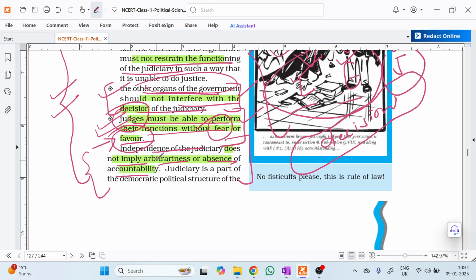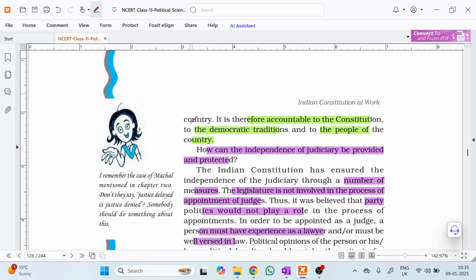And judiciary's independence is ensured so that it can function in an effective way. But that does not mean it is not accountable to anyone. Judiciary is accountable to the democratic structure, the democratic practices of the country, and it is also accountable to the constitution and to the people of the country.